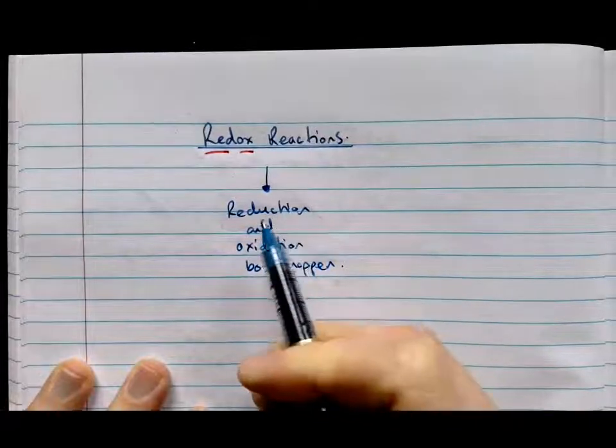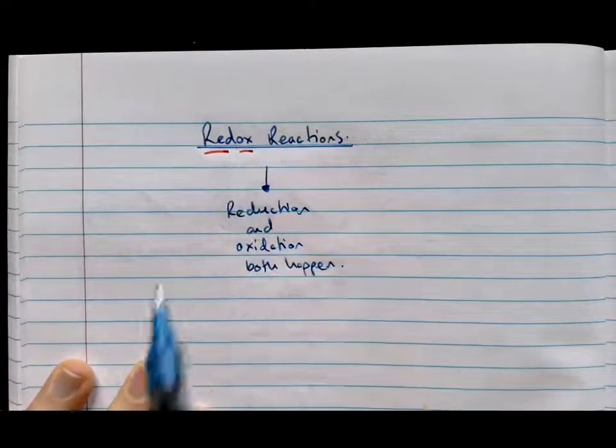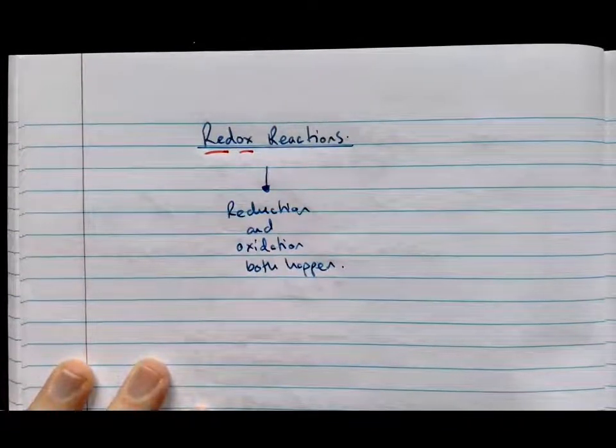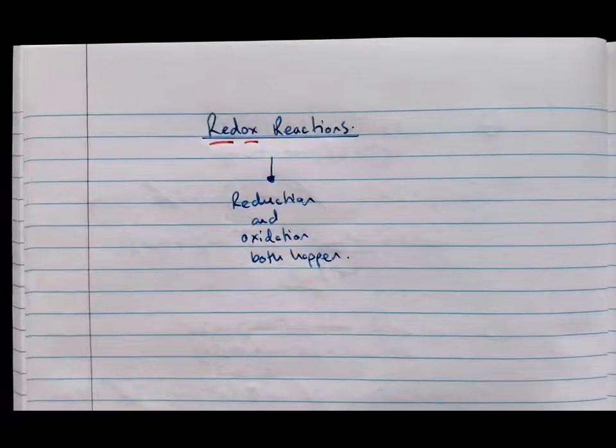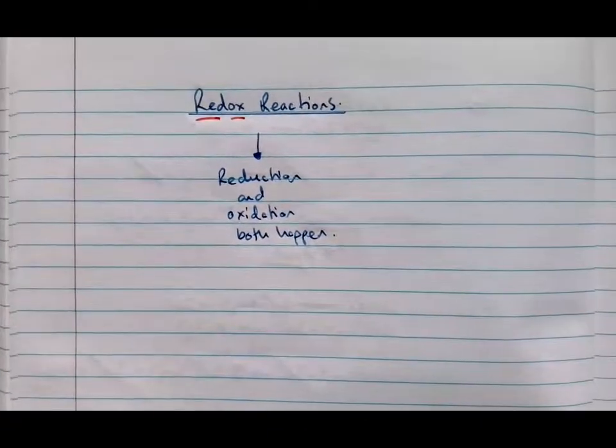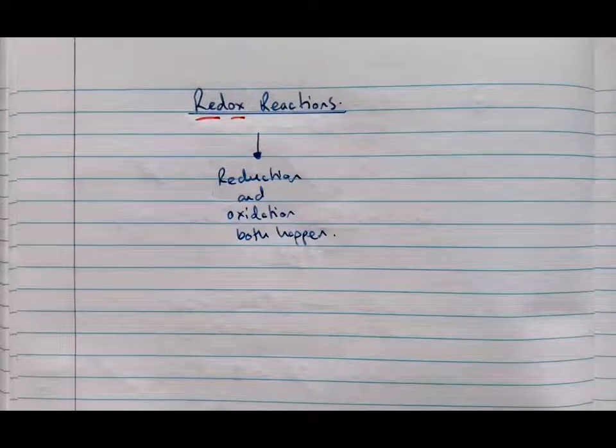Okay, so it's reduction, oxidation, redox. So if a reaction has both of these processes happening at the same time, then we can call it a redox reaction.